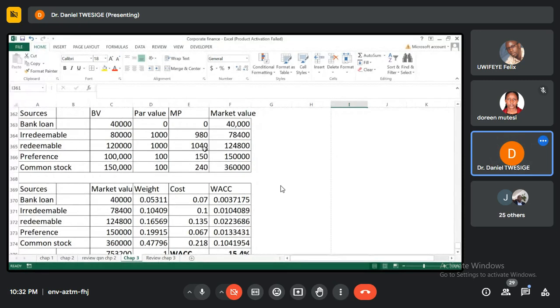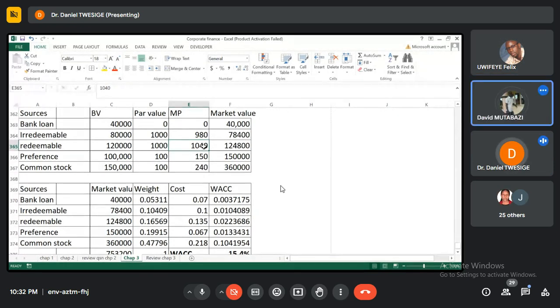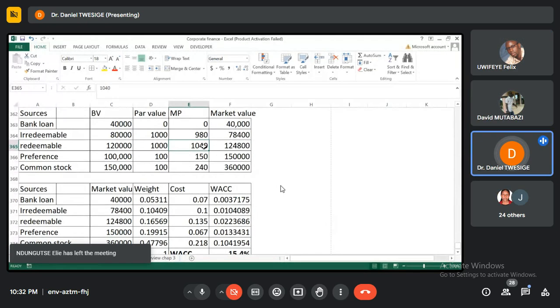By having a market value like this, it means that the face value is 1,000, because debts are sold in denominations of 1,000 or 100. Can it also be applicable to preference and common stock? No, it's only on debts, on redeemable and irredeemable. Those are loan stocks.